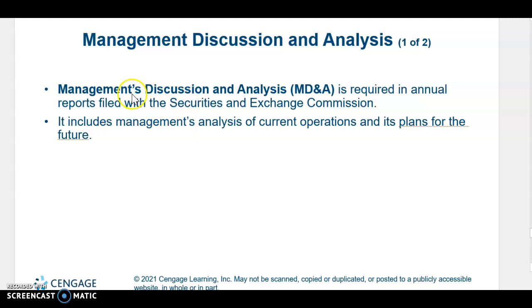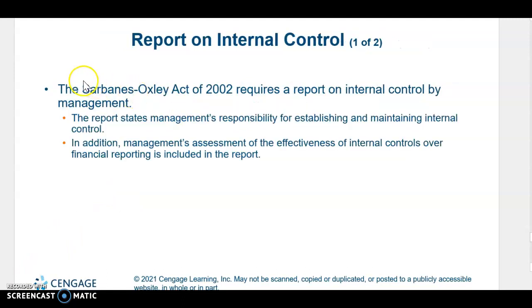So the annual report will include management's discussion and analysis, and it includes management's analysis of current operations and also its plans for the future. And this corporate report would have an independent opinion from an auditing company.